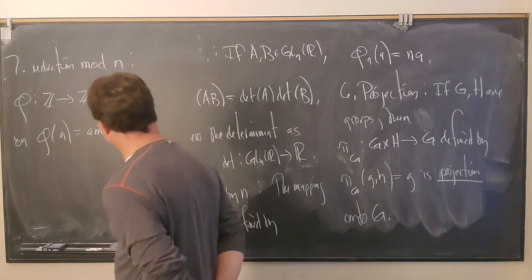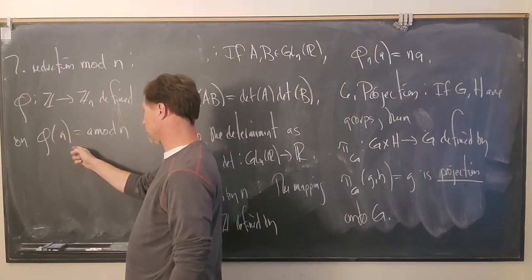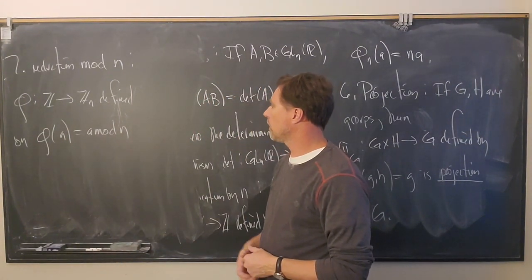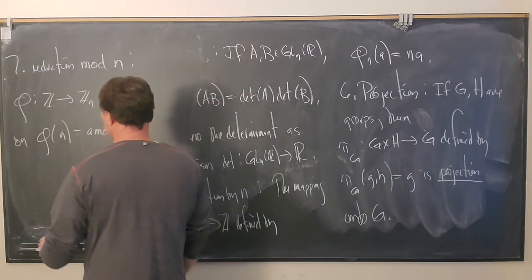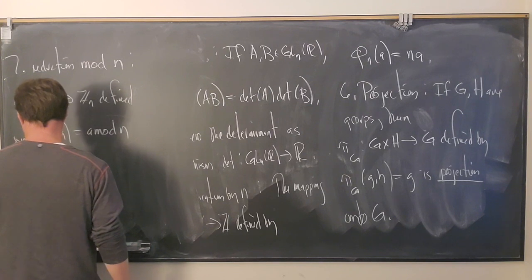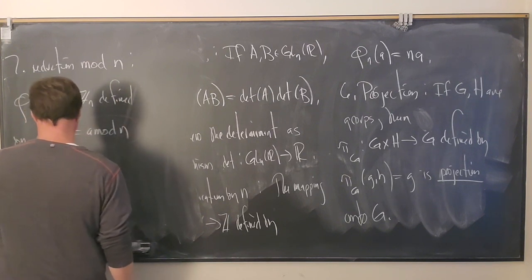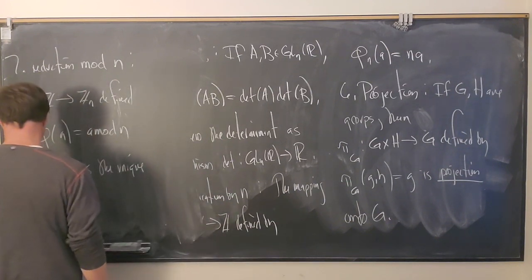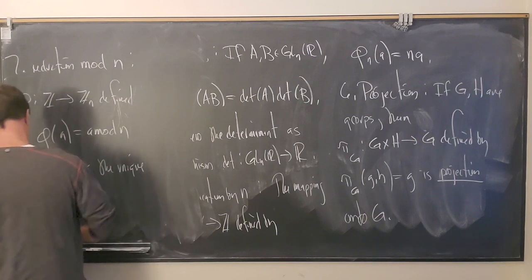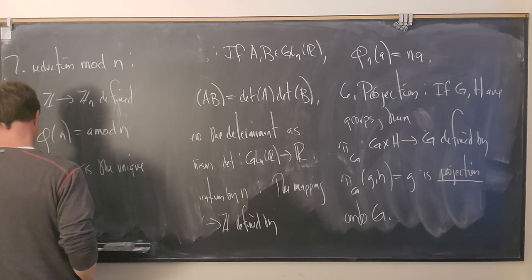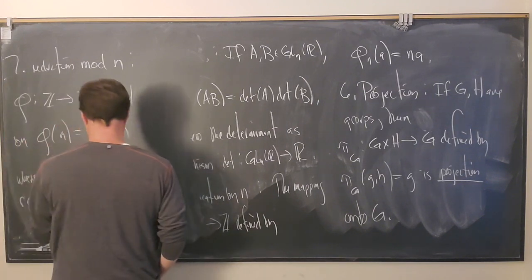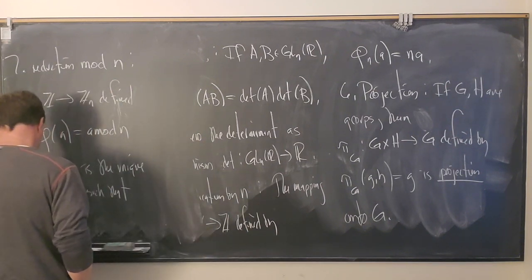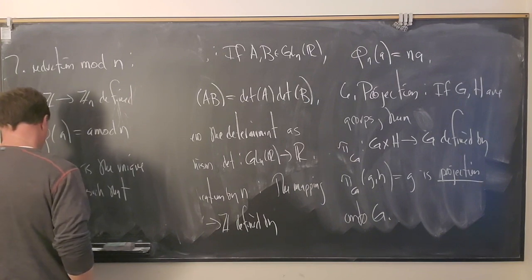And I mean, maybe I should be a little bit careful here. A mod n, when we write this, where a mod n is the unique r in the set 0, 1 up through n minus 1, such that a is equal to qn plus r.